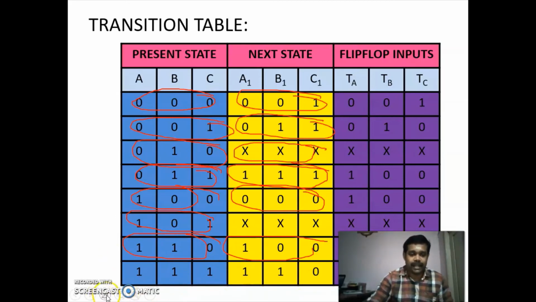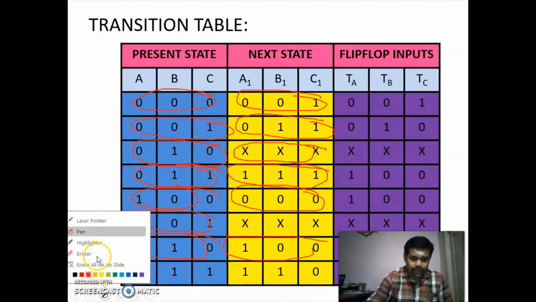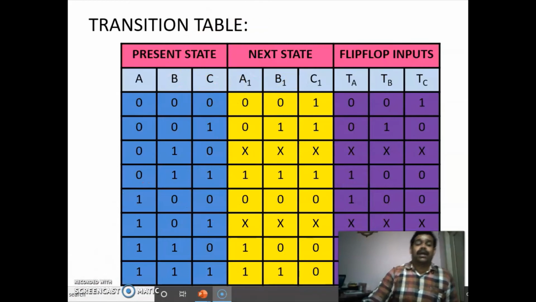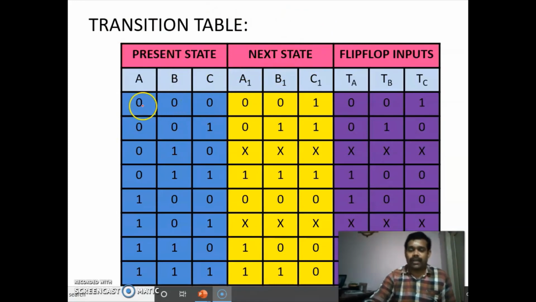So from the state table, we have completed this transition table or excitation table of the counter. For the given states, we have mentioned the next states, and for the states for which the next states are not mentioned, we have put don't cares. After that, we have already found that we need 3 flip-flops. So unless mentioned, it is better to go for T flip-flop or D flip-flop.